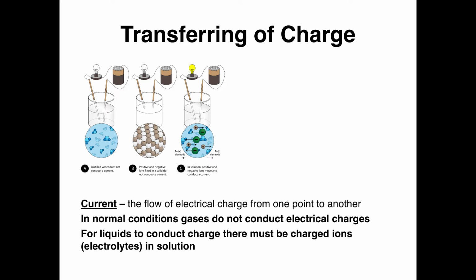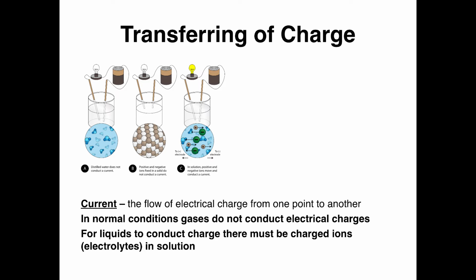B is when you have something in the water, but it is not dissolved into ions, or it is not ionized, so it does not conduct electrical charge. Therefore, the ions are fixed in place, so they can't conduct electrical charge, and again, the light doesn't come on.